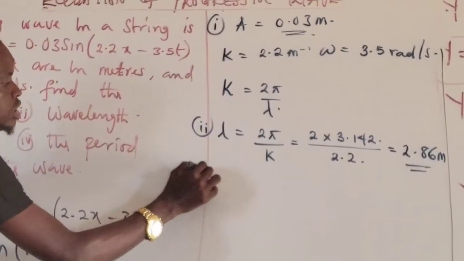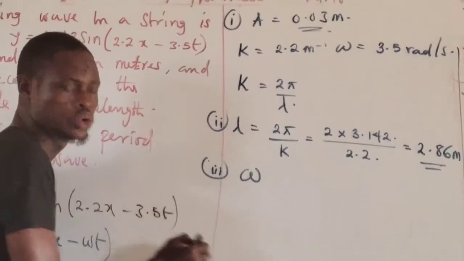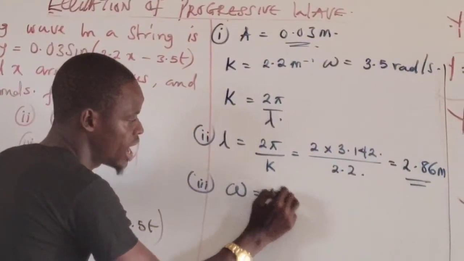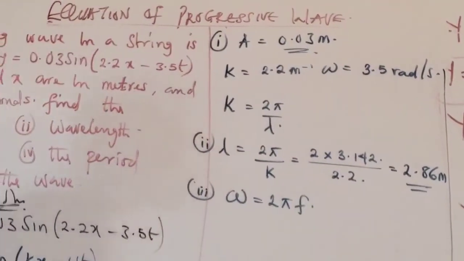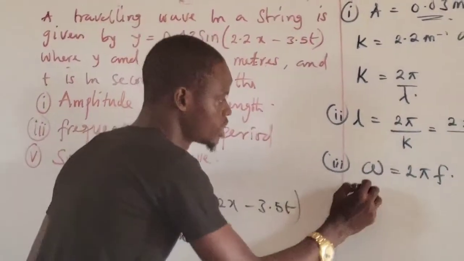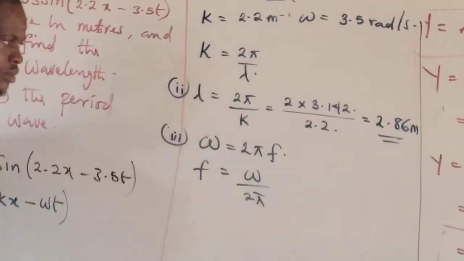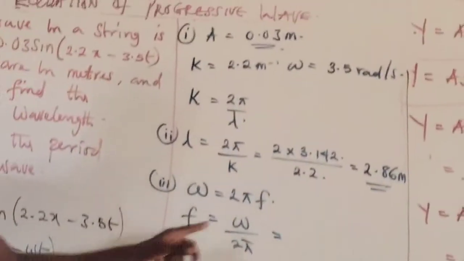Now, my question 3, we have to find the frequency. Since my angular frequency omega equals 2 pi f, that is my angular frequency, 2 pi f. So from here, I can easily say my frequency will equal omega over 2 pi. And then, what is my angular frequency?